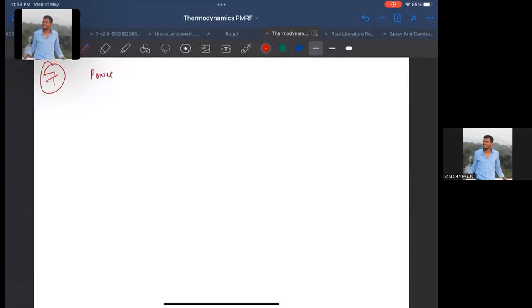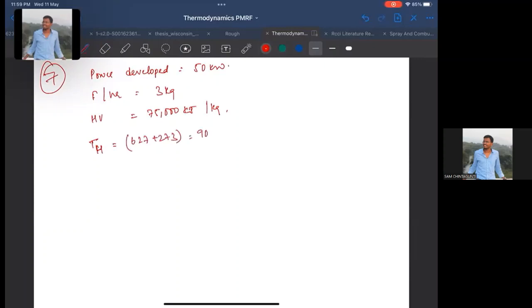Power developed is equal to 50 kilowatt, fuel burned per hour is equal to 3 kg, and heating value or calorific value is equal to 75,000 kilojoule per kg, and then temperature limits TH is equal to 627 plus 273, which is 900 Kelvin, and TL is equal to 27 plus 273 is equal to 300 Kelvin.